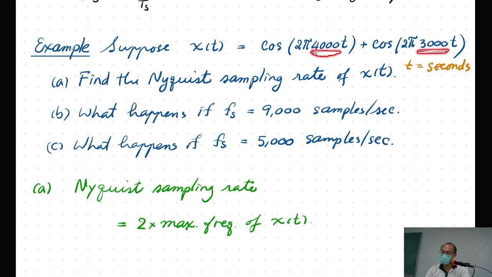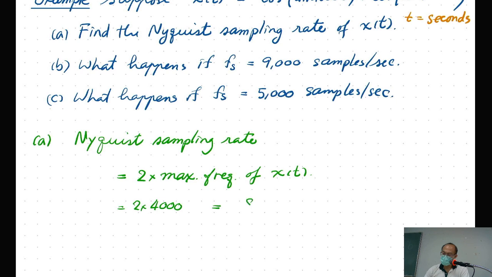So the maximum frequency of x is 4,000, the greater one. So it is 2 times 4,000, and the result is 8,000 samples per second. This is the Nyquist sampling rate of this signal.